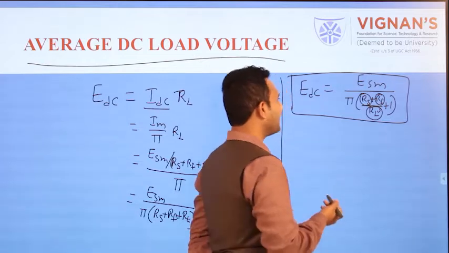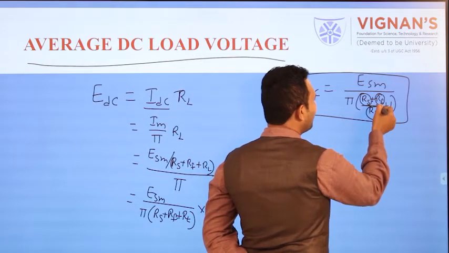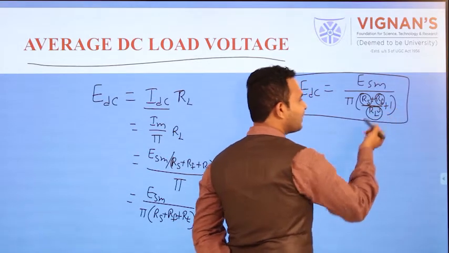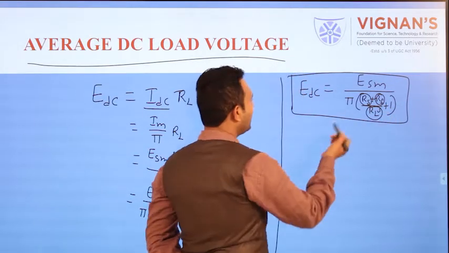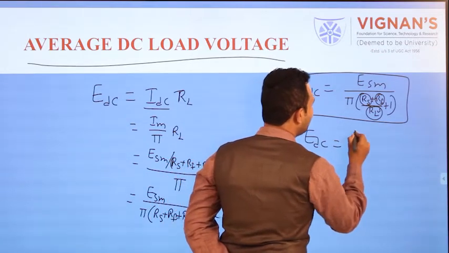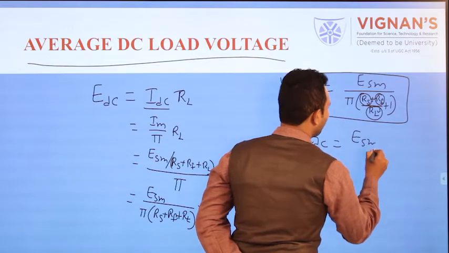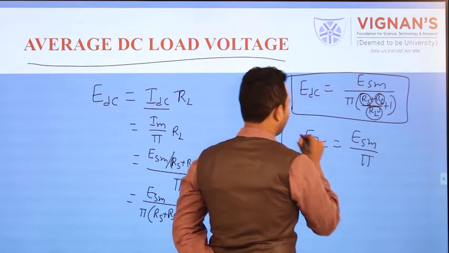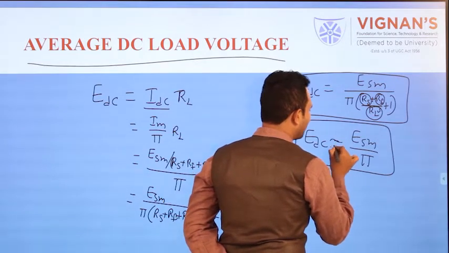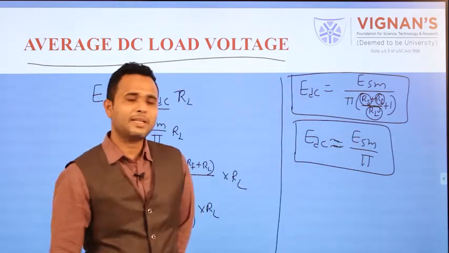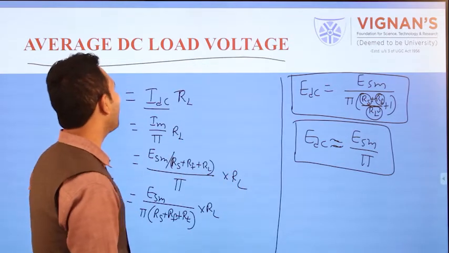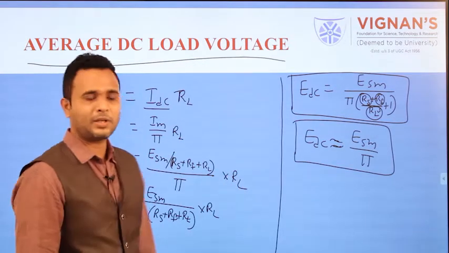If we neglect this whole term compared to 1, then how can we write EDC? EDC is approximately equal to ESM by pi. Right? This is the equation for the average DC load voltage.